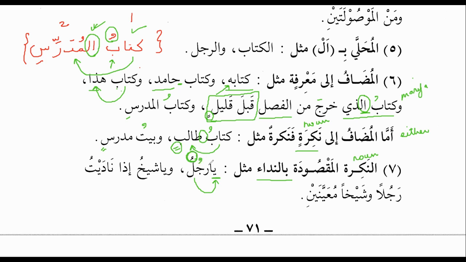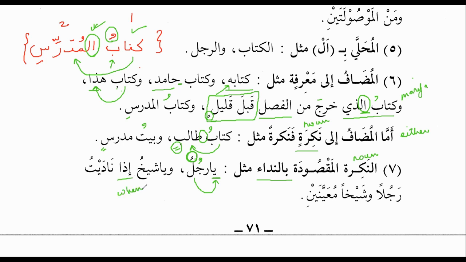Ya rajulu. So by saying ya rajulu means you are calling to a particular person. Ya shaykhu. So the shaykh means in English you can say Mr. But you may call any person, or you may be calling a person but you don't know his name. Ya shaykhu. Idha nadaitu rajulan. Idha means when.